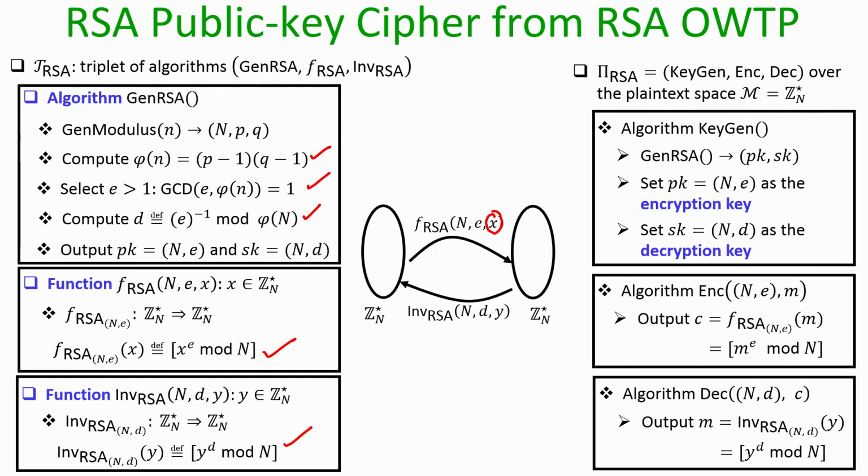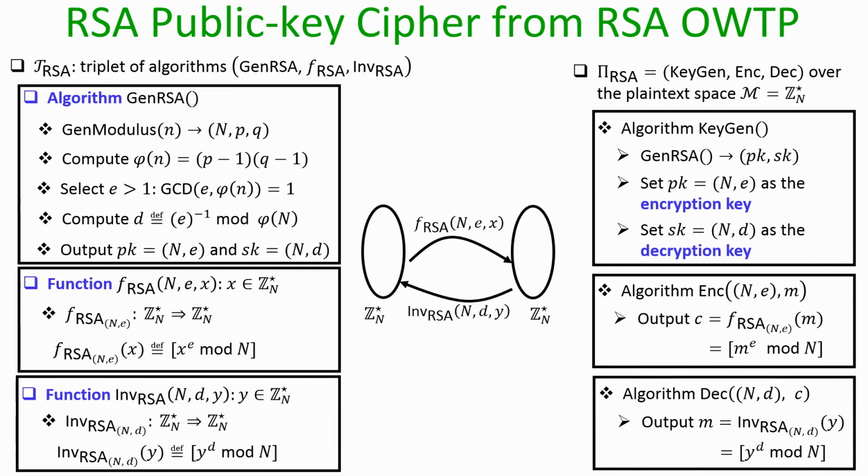Then based on this, we had seen an instantiation of a public key encryption scheme which we call the plain RSA cipher, where the key generation algorithm of plain RSA is basically to run the key generation algorithm of the RSA trapdoor permutation scheme and set (n, e) to be the encryption key and (n, d) to be the decryption key.